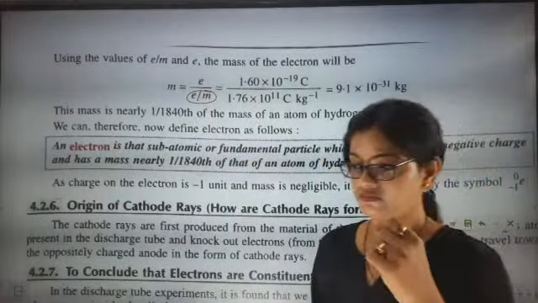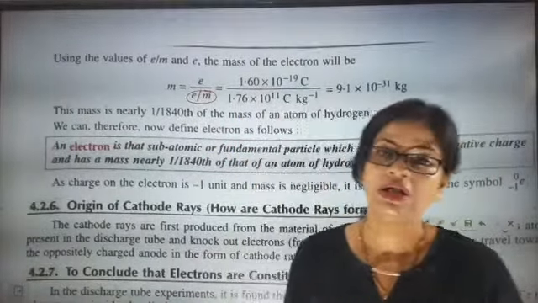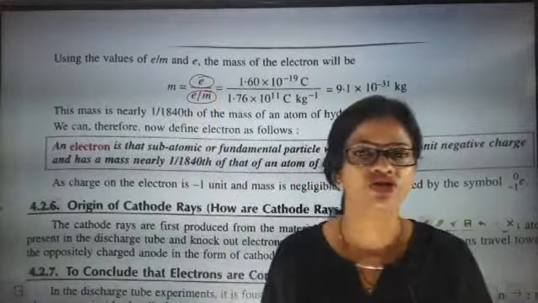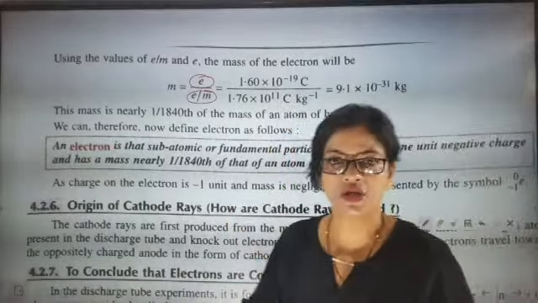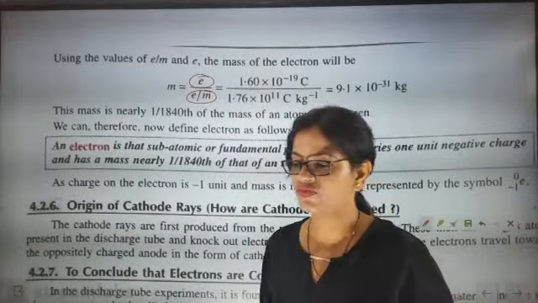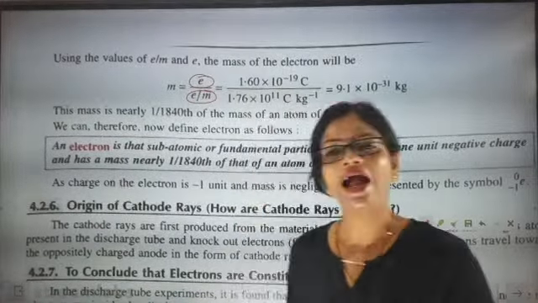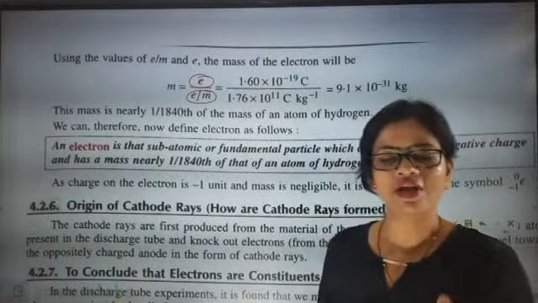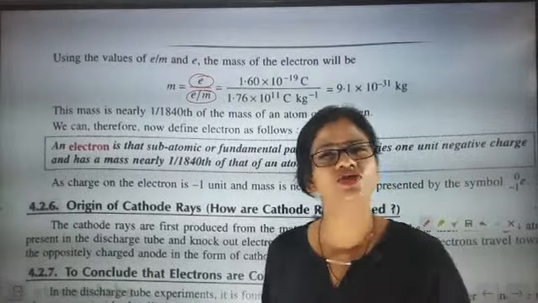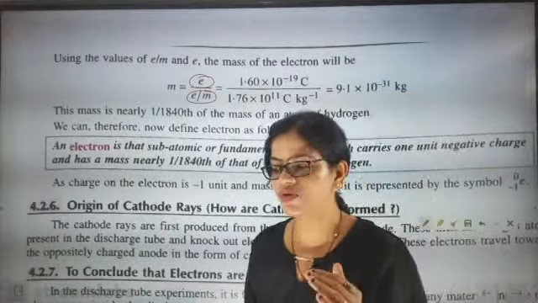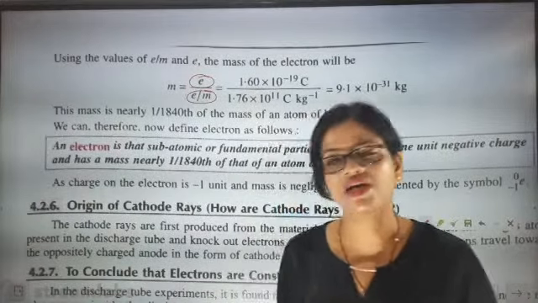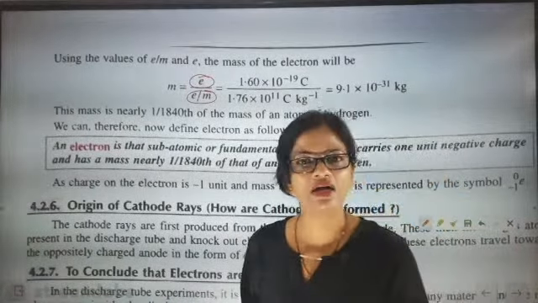And in Milikan experiment, we got charge. Now we have both the values: the value of charge and the value of charge by mass. If we shift it in such a way, we can get the mass of electron. So our most important strategy here is to get the mass of electron.